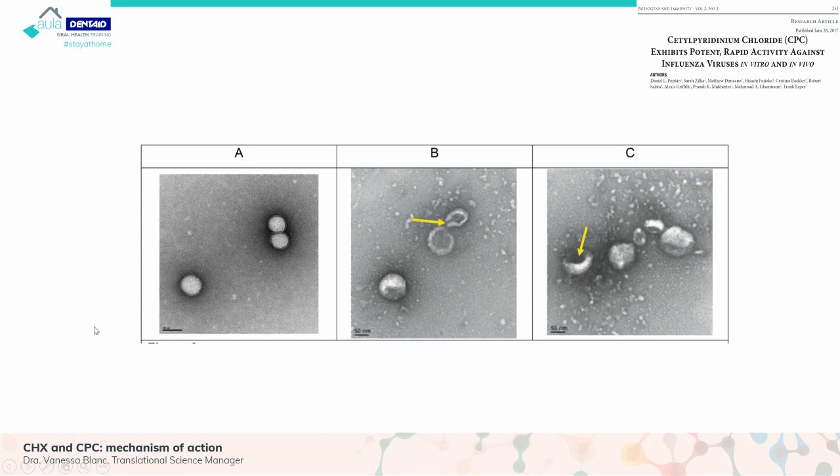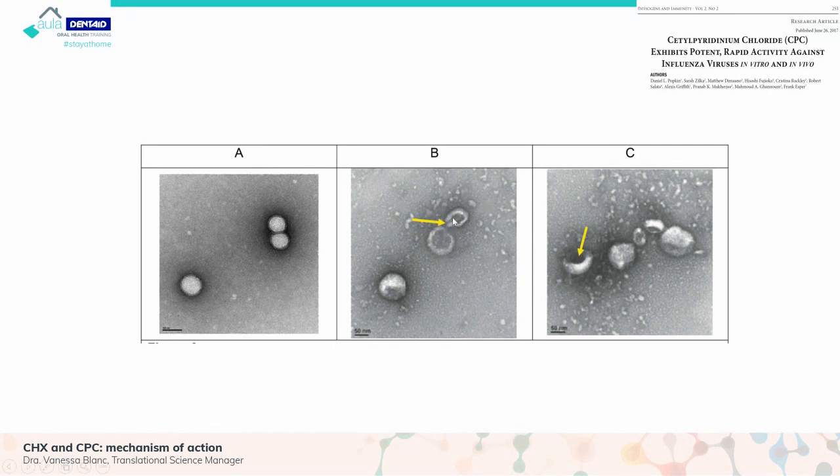The transmission electron microscopy analysis showed that while the viral envelope of untreated influenza viruses was intact, the exposure of these viruses to CPC led to the disruption of the envelope and gross distortion of viral structure. Here you can see a cavitation, and here again, these viruses were treated with CPC at a concentration of 50 micrograms per milliliter.